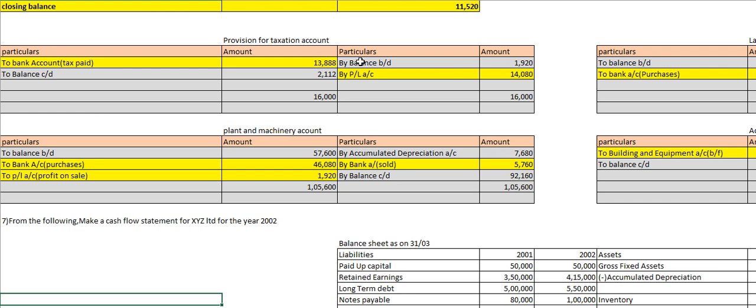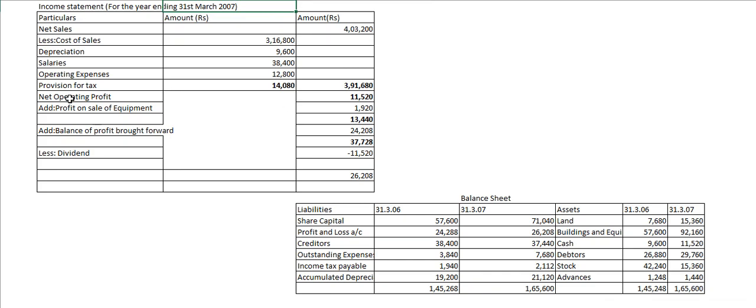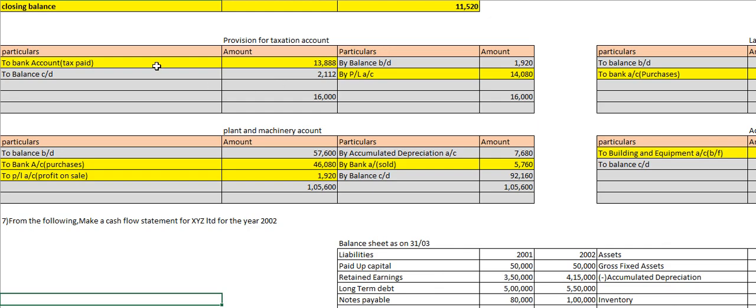So the opening balance will be by balance brought down, which is a credit balance: by balance brought down 1920, to balance carried down 2112. Now this provision for taxation, which is 14,080, which is given in your income statement, is nothing but the current year's provision, which you will transfer to profit and loss account. So it is by profit and loss account 14,080.